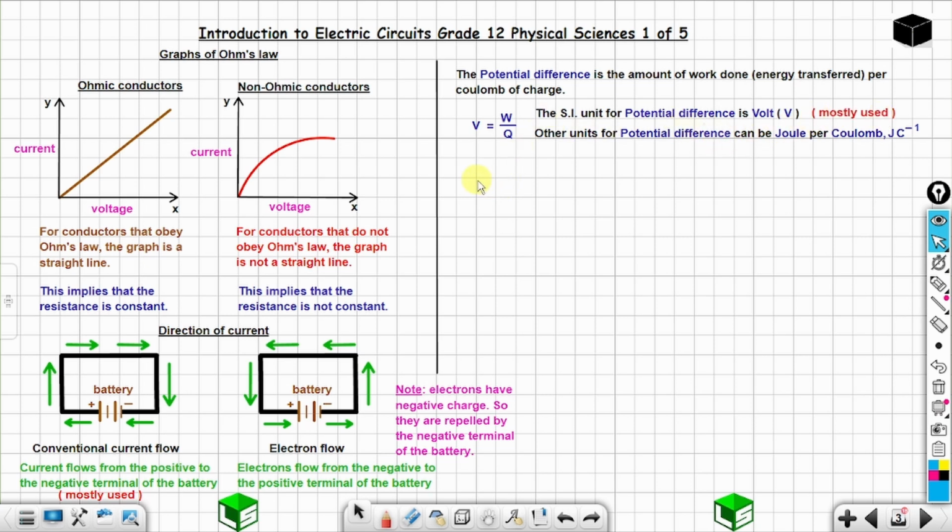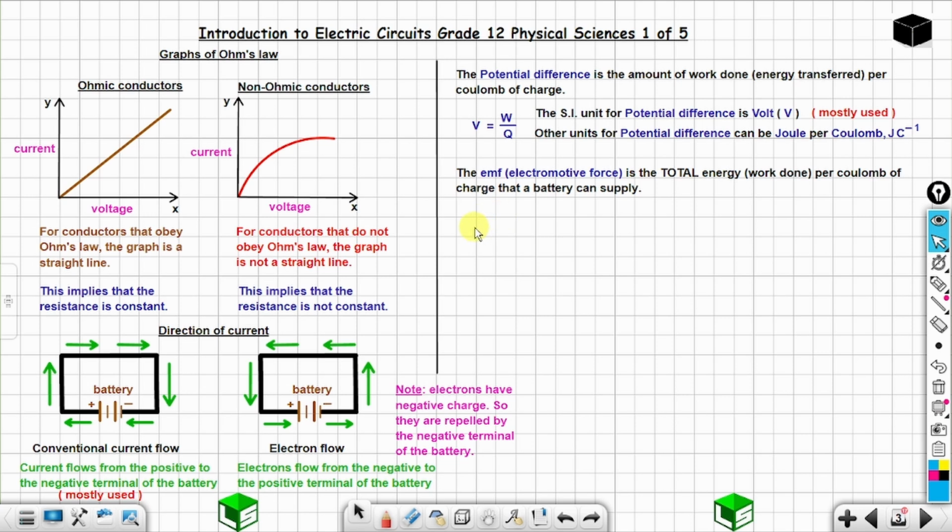Now you have to know that the EMF, which is electromotive force, is the total energy or the total work done. The EMF is the total energy per coulomb of charge that a battery can supply.